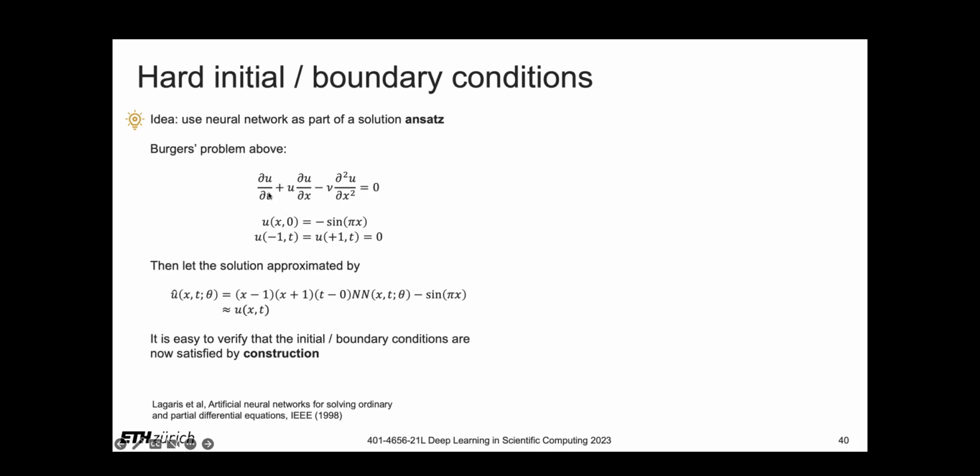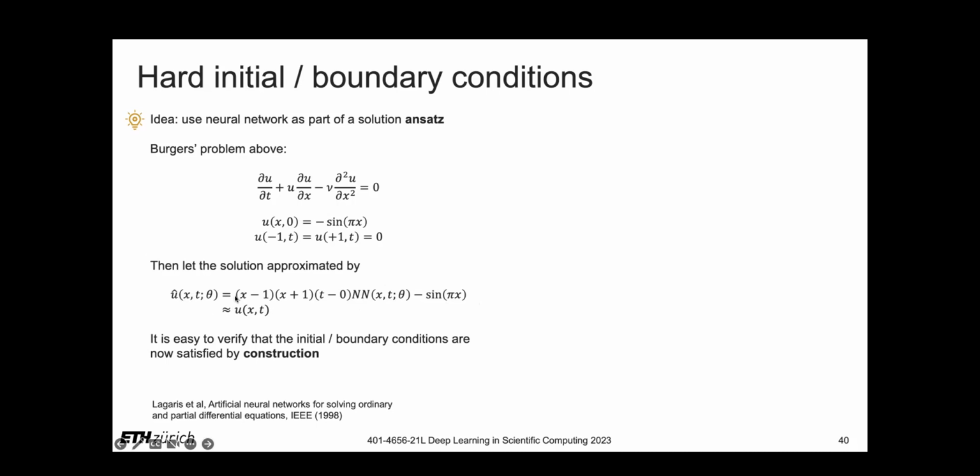Let's take the Burgers problem that we've been studying throughout the lecture. For a vanilla PINN, we said the neural network should directly approximate the solution to the differential equation, so the neural network should approximately equal u of x and t. What we're going to do now is something slightly different. We're going to say our solution u of x, t is not approximated directly by the network, but by a mathematical expression which contains the network inside of it.